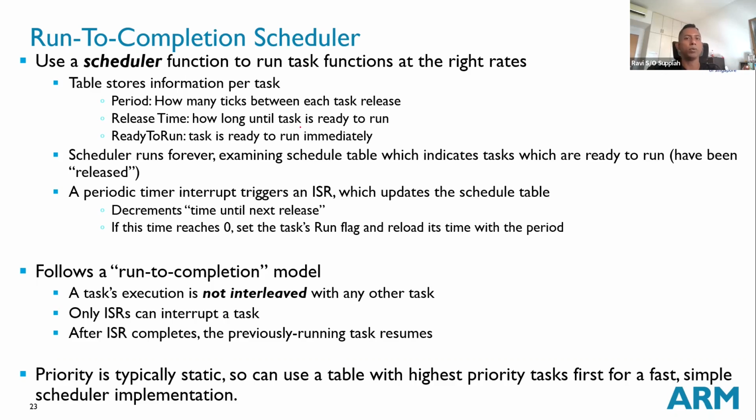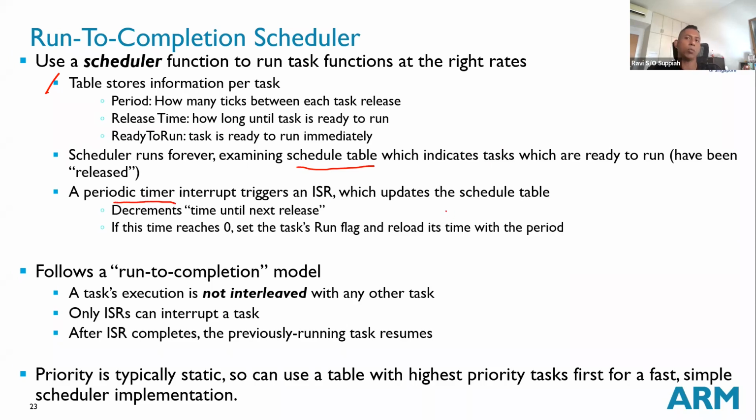One way is to use a table in your software to keep track of how much time any particular task needs. Once that task is complete, you are able to switch over to the next task and so on. You always examine the scheduling table before you decide what to run next, and to manage this table you can use a periodic timer.